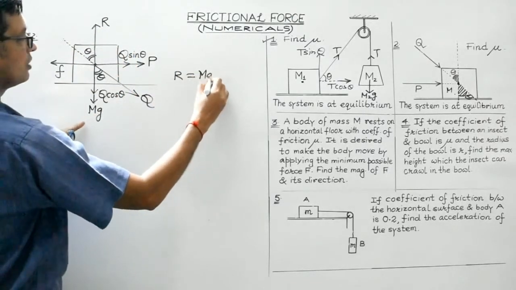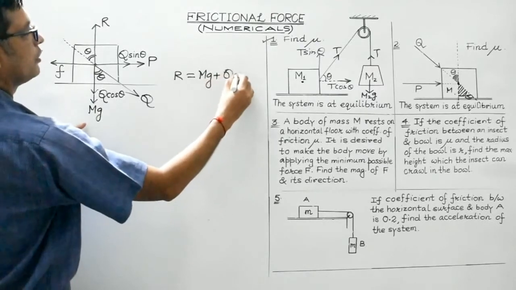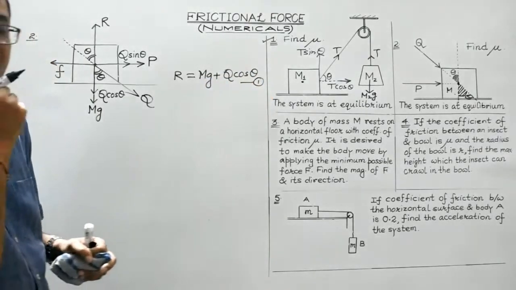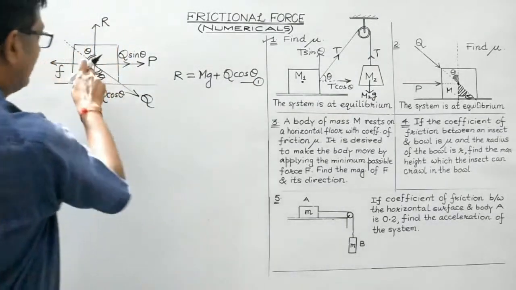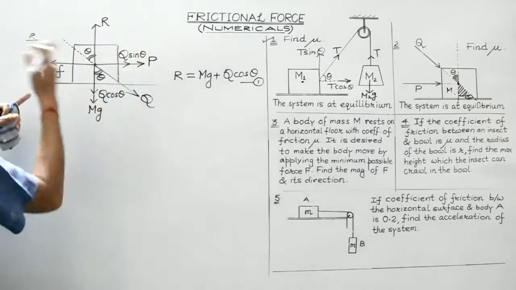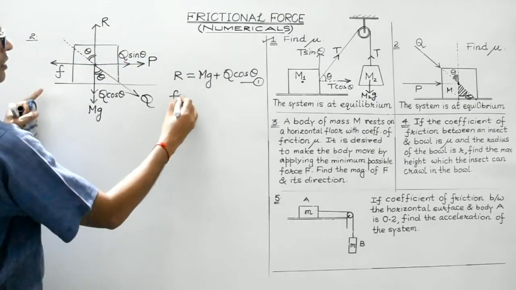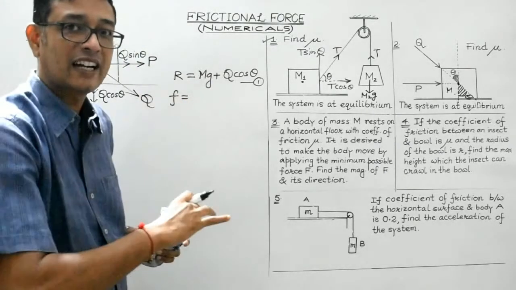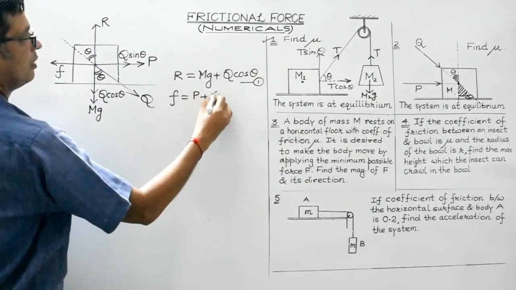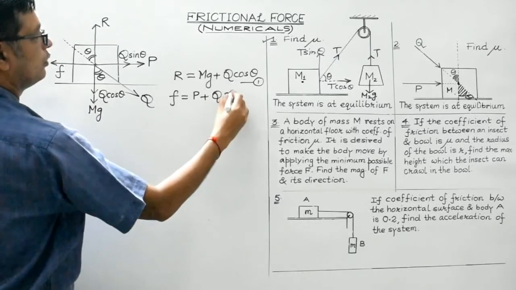Net downward force is mg plus Q cos theta. Put this as equation number 1. Right? Net force acting on the body along the horizontal direction is also 0. So net force acting towards left must be equal to the net force acting on the body towards right. That is P plus Q sine theta.